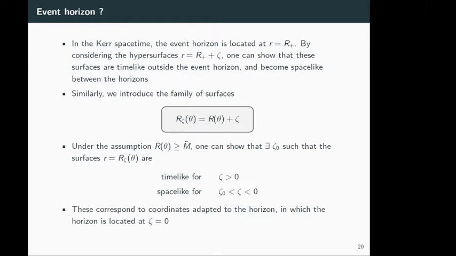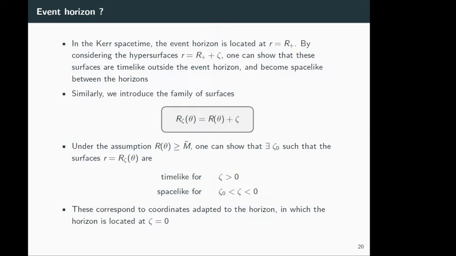I don't remember the exact definition, but it's given in topological terms. Or you also have this notion of trapped surfaces, where nothing can escape from it. You have to show this.